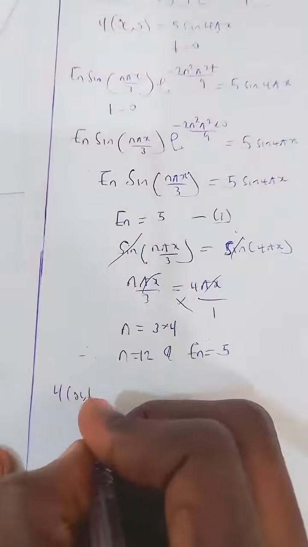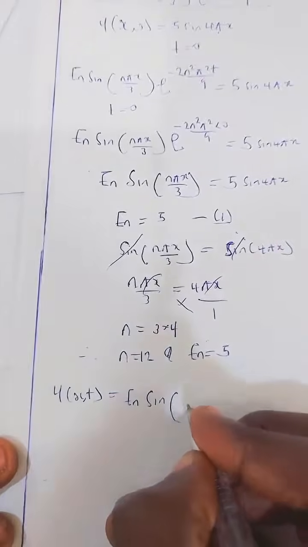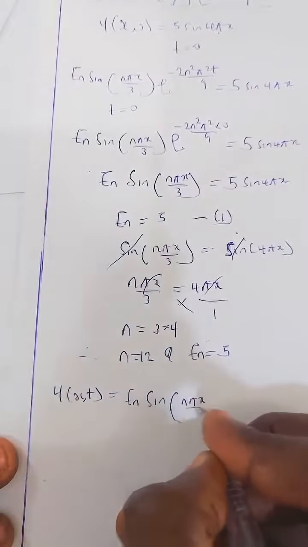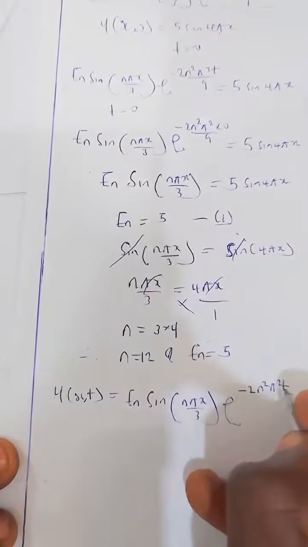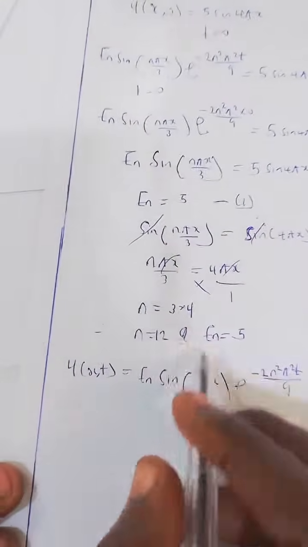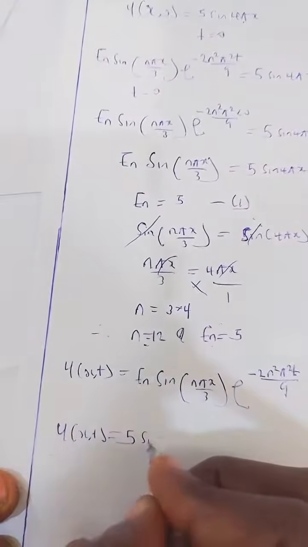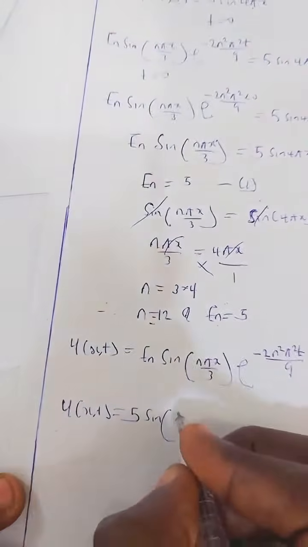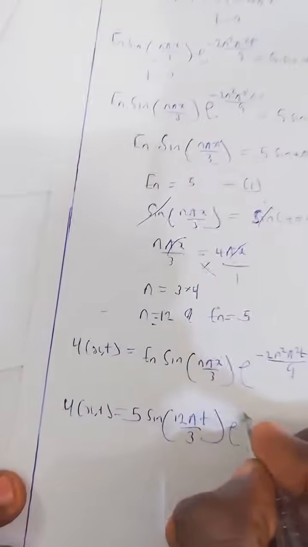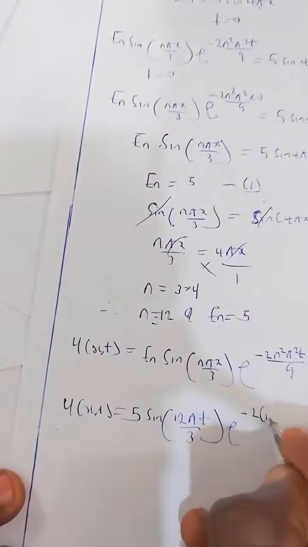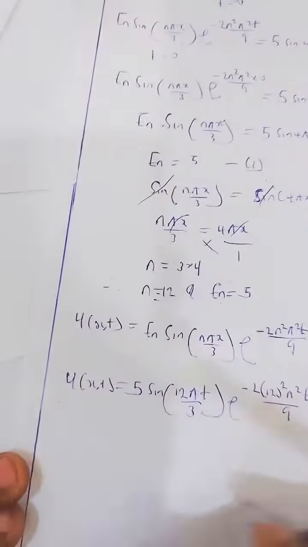Your general wave equation, which is given as e subscript n sine all into bracket n pi x over 3 exponential negative 2n squared pi squared multiplying t over 9, becomes, substituting these two values, 5 sine all into bracket 12 pi x over 3 exponential negative 2 all into bracket 12 squared pi squared multiplying t over 9.